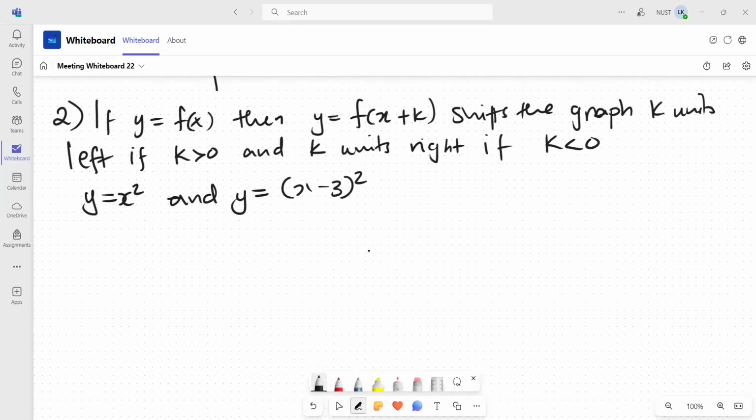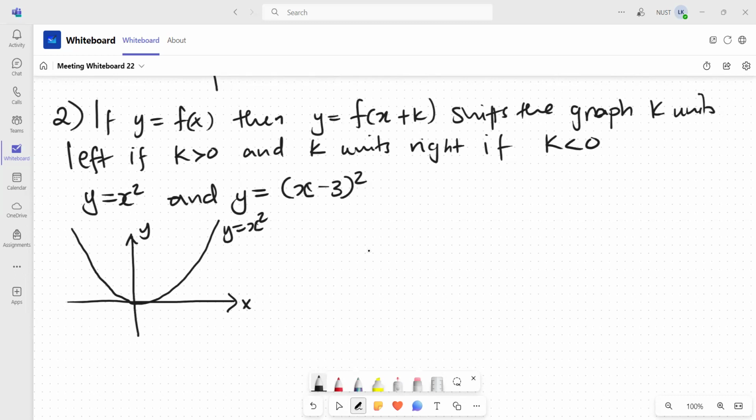Okay, so if we were to draw this one again, this is our x, that is our y. So the graph y is equal to x squared. It looks like that. Okay, my pen is acting up.